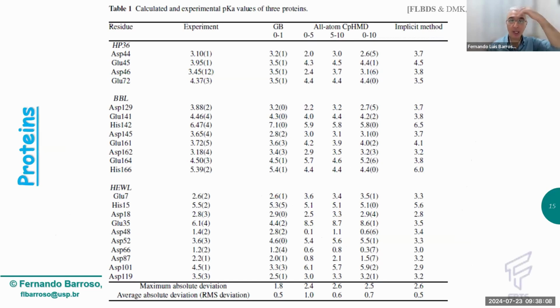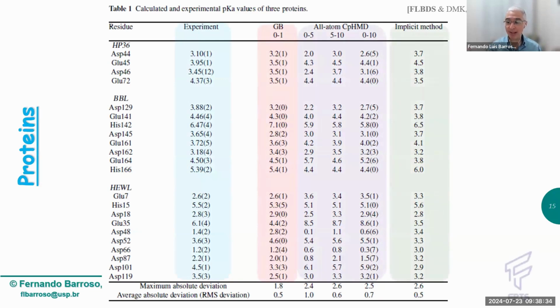For instance, we took here three proteins that are very often used to benchmark the quality of electrostatic models. In this case, we have the experimental data, the comparison with the generalized Born approach, all-atom constant pH simulations using molecular dynamics, and we have our FPTS.